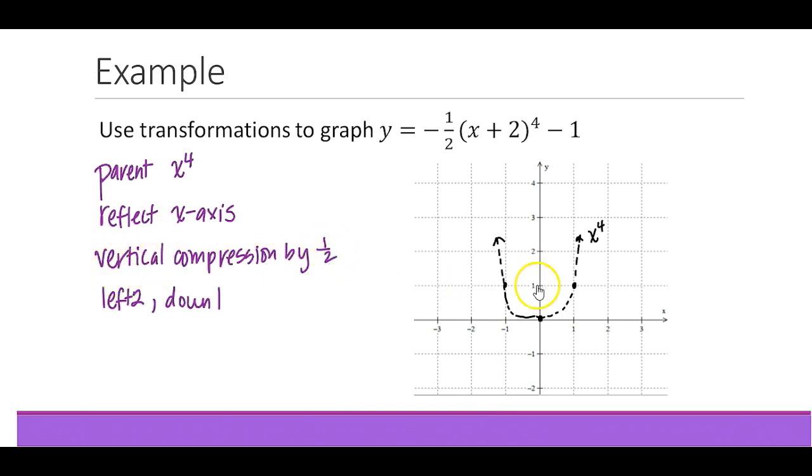So instead of 1, 1, this coordinate point would be 1, 1/2. So I'd have 1, 1/2, negative 1, 1/2. And then I would go ahead and sketch that. Kind of looks like it's running into each other a little bit. So this is 1/2 x to the 4th. It doesn't intersect, it kind of just looks like it does there.